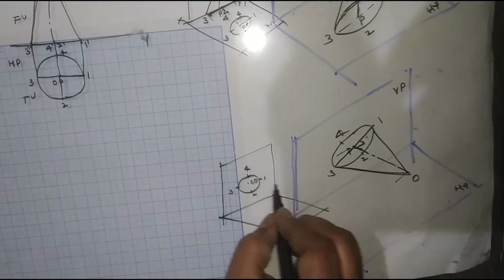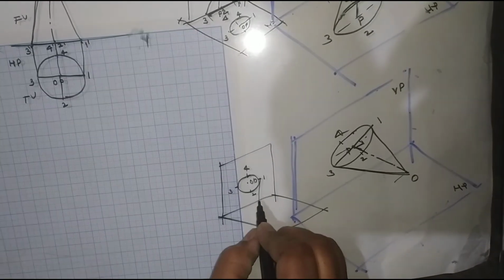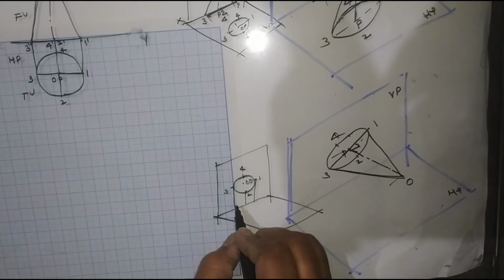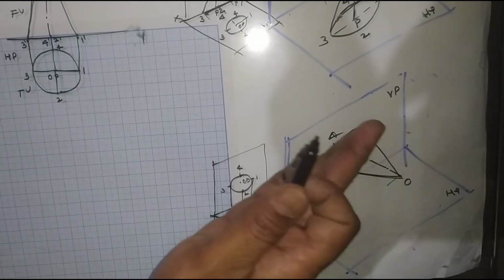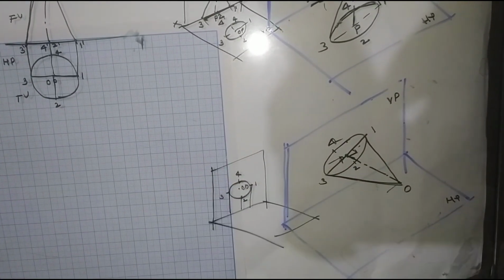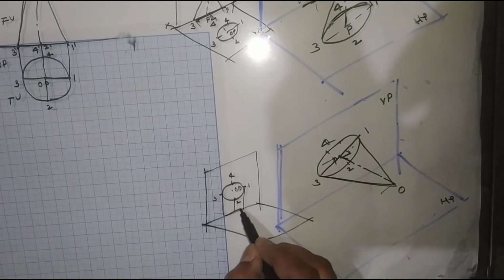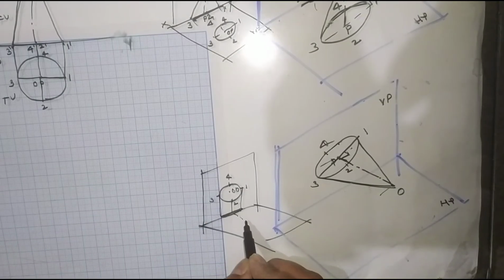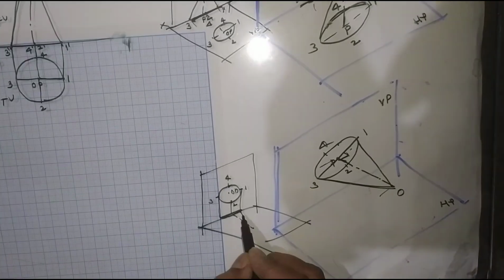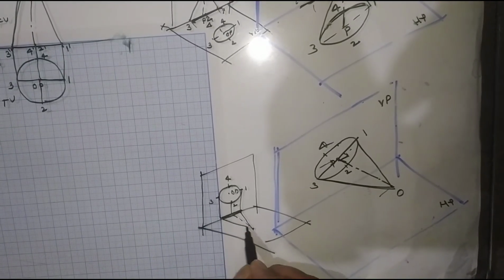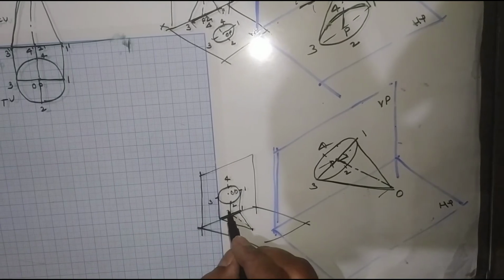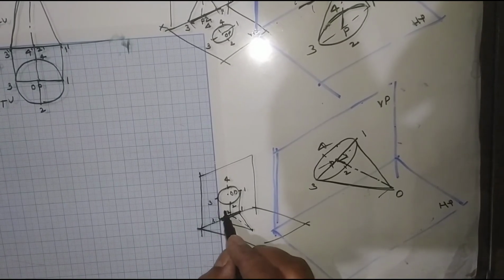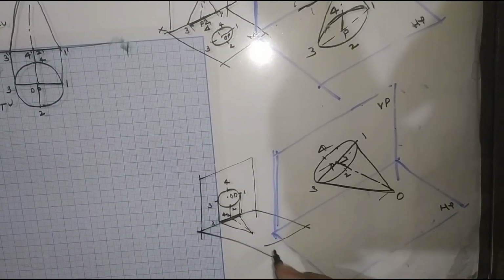This is OP. In the top view, I will draw the projection here. The circular plate is lying on VP, the axis is perpendicular to VP, so a single line is observed on the XY line. Now this is the axis. These are points 1, 2, 3 and 4. The top side is 4 here.